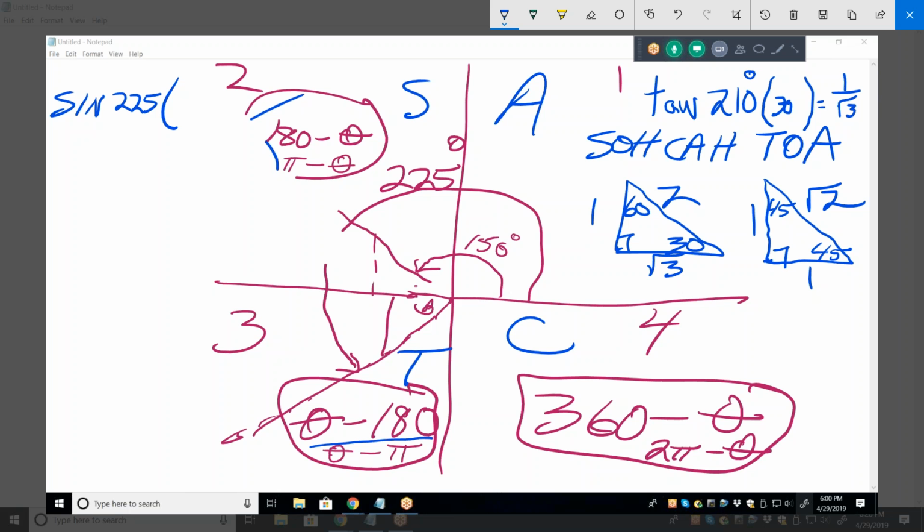The reference angle's 45, and sine of 45 would be 1 over the square root of 2. Negative 1 over the square root of 2. Well, we put our plus or minus sign on as the very last step.